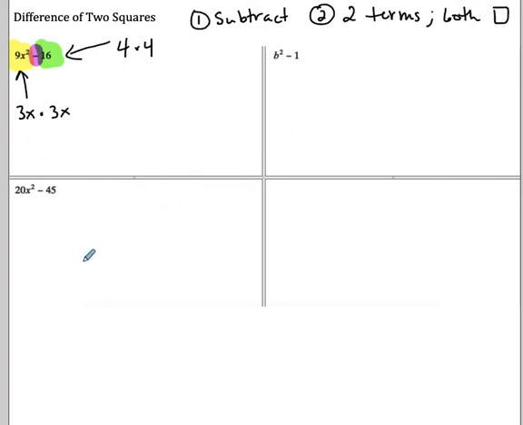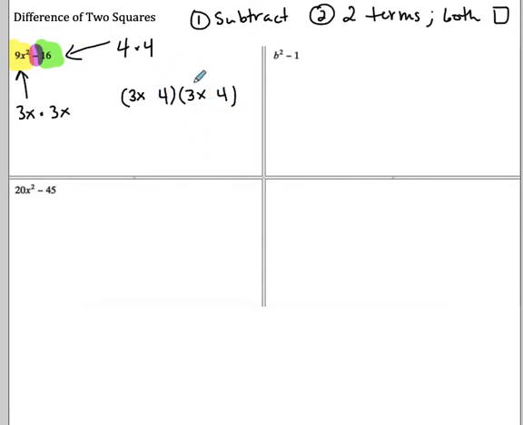If that's the case, then it has this really neat pattern to it because something had to happen with your factors to make the middle terms cancel out. So if I take this first term, I know that this first 3x has to be multiplied by 3x to give me the 9x squared. And I know that whatever the second term was had to cancel out with the first term.